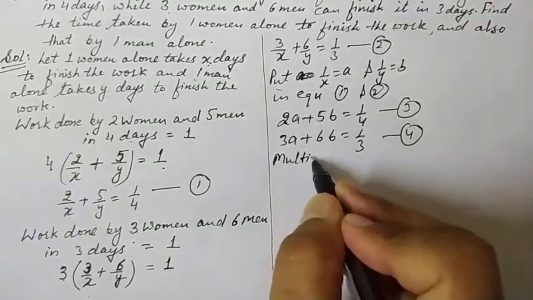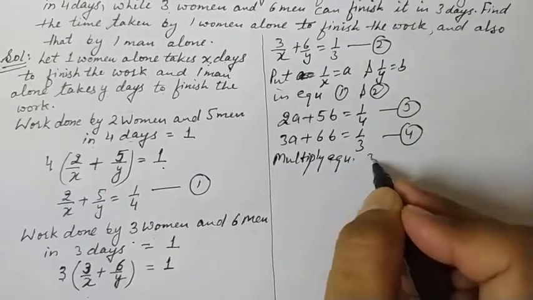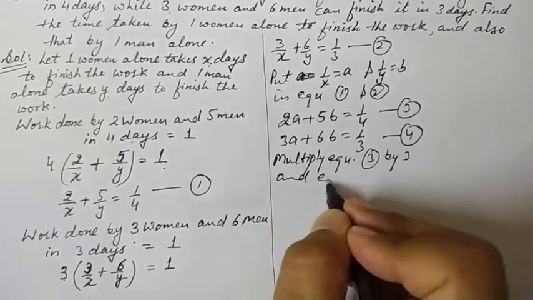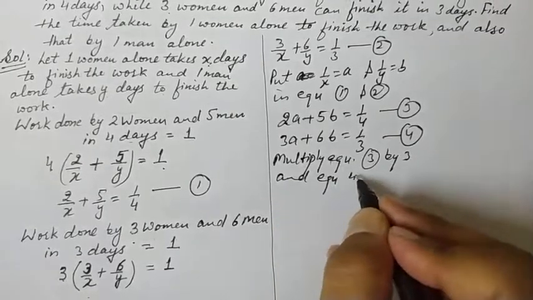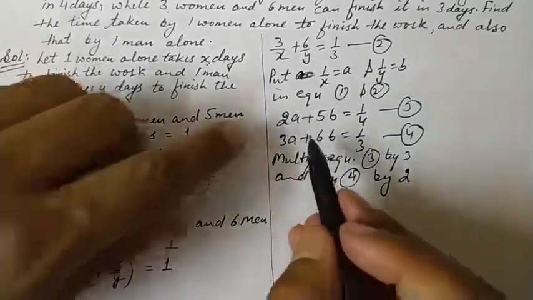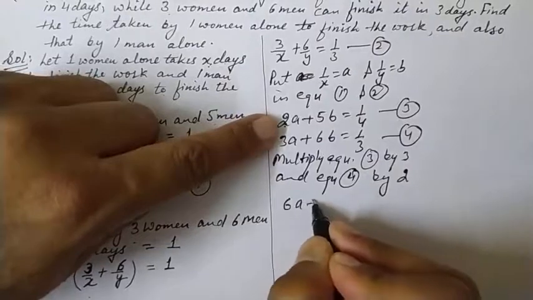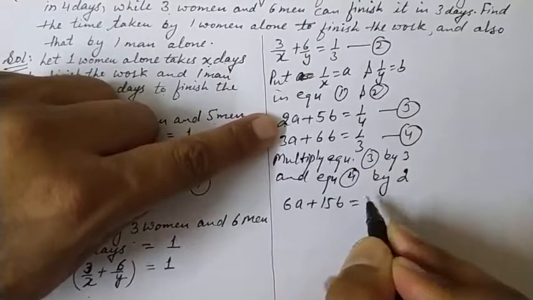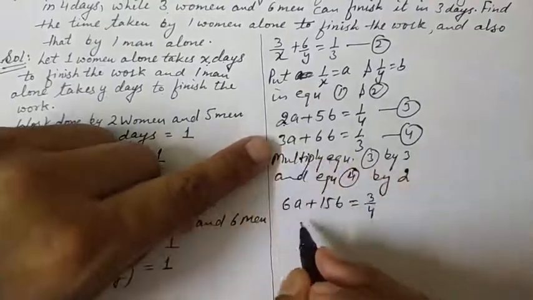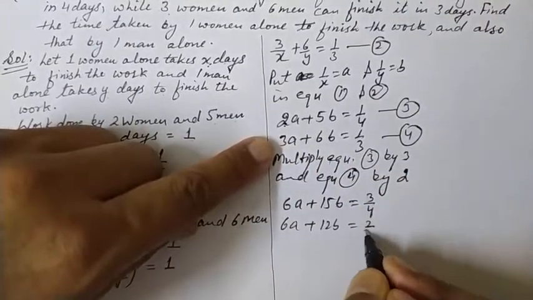So multiply equation 3 by 3 and equation 4 by 2. Multiplying this equation by 3, it becomes 3 2s are 6a plus 5 3s are 15b. So 1 by 4 into 3 is 3 by 4. Multiplying this equation by 2, 6a plus 12b is equal to 2 by 3.